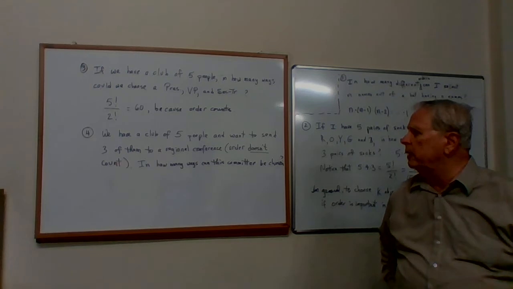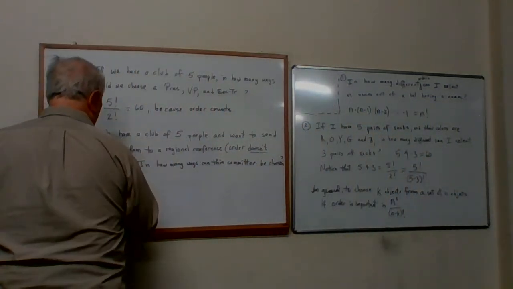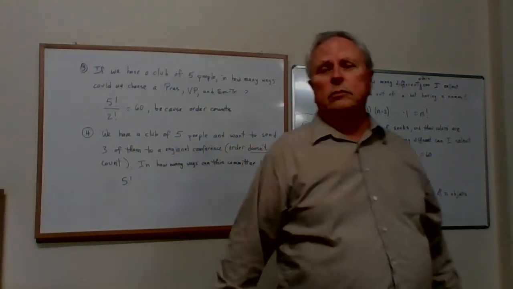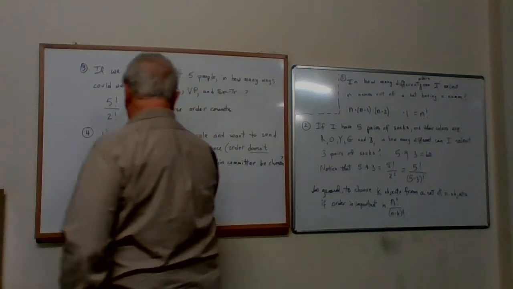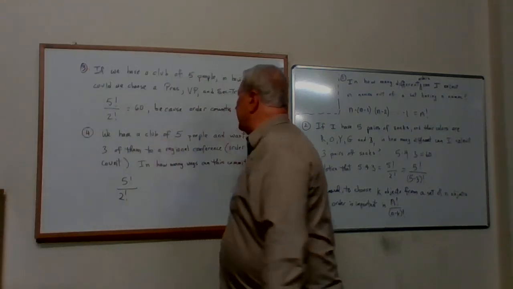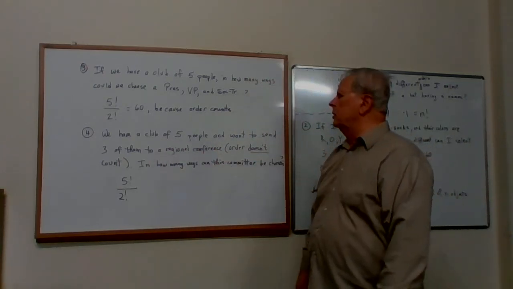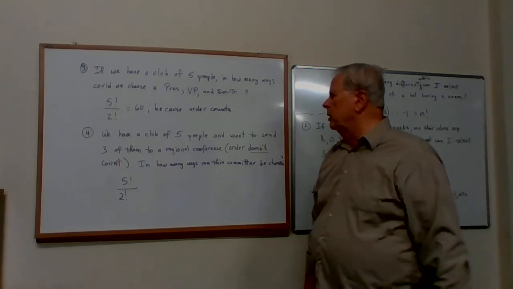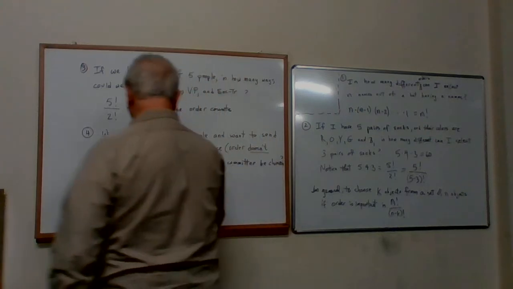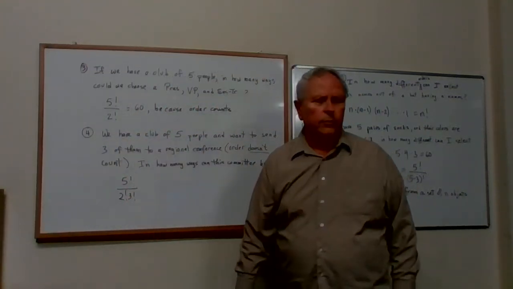So I have my original number of ways that I could have picked all 5 of them, but I'm only taking 3 of them as a committee, so I don't care how the other 2 are arranged. But also, I don't care how the 3 are arranged. So I'm also going to divide by the number of ways of ordering the 3.